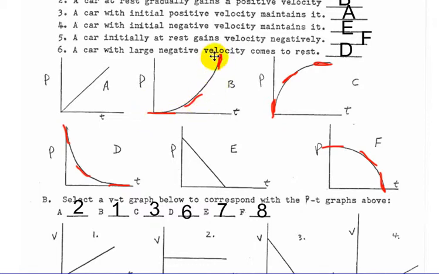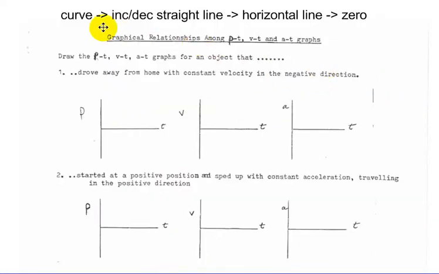The slope of an increasing straight line is simply a positive or negative horizontal line, depending upon where it is. The slope of that gives us a horizontal line, and the slope of that gives us 0. That will help us figure out where we are.